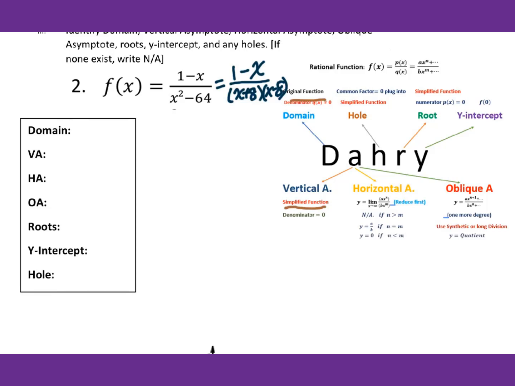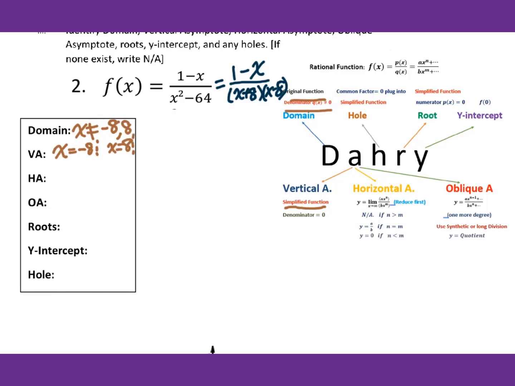Domain, that's denominator not equal to 0. Therefore, x not equal to -8 and 8. So we got the x equals -8 and also x equal to 8.